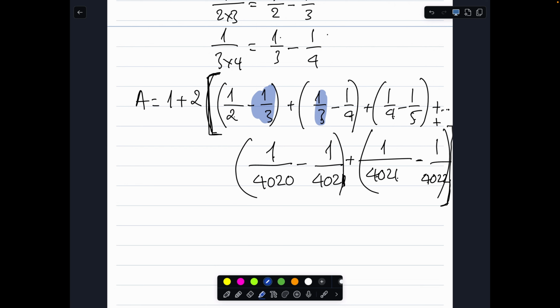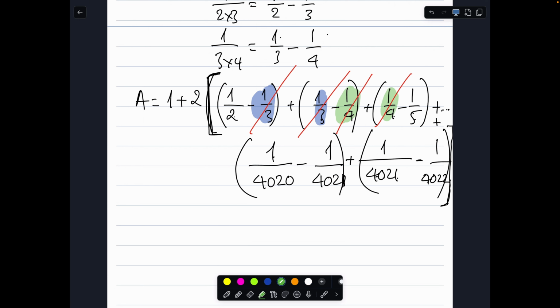They cancel each other, and similarly, 1 over 4 minus another 1 over 4, so is 0.